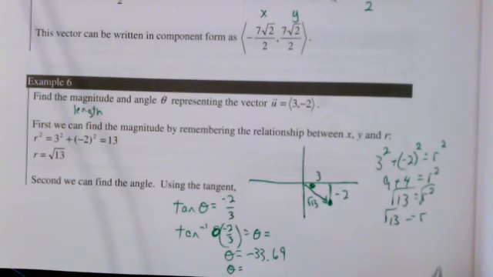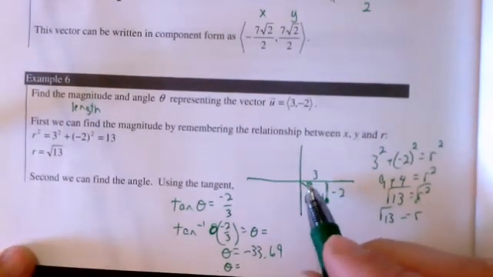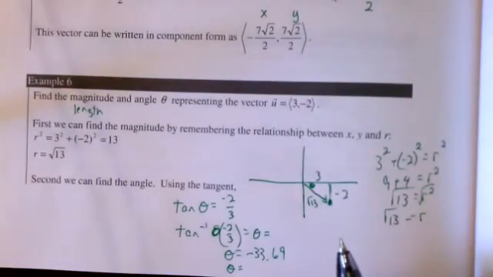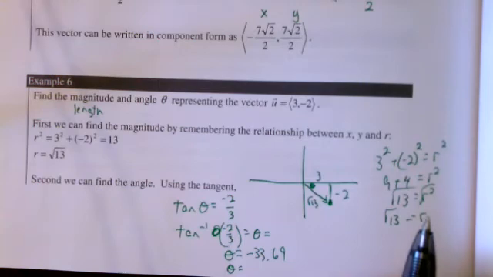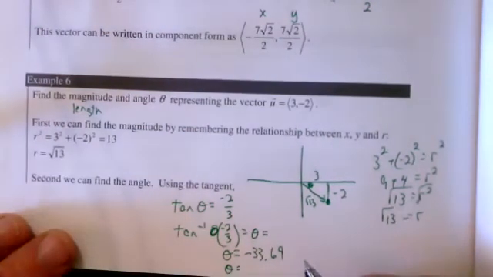Okay, let's jump to Jenna. How would I find, if the negative angle is -33.69, how would I find the positive version of that angle? One of those. Say that again. I said 360 minus the tangent that we got.